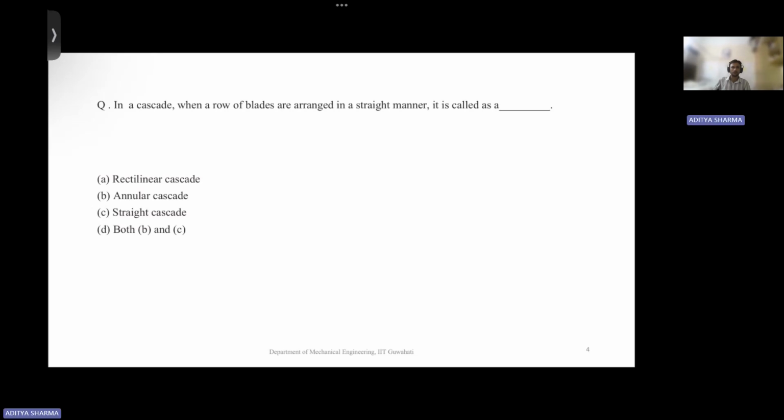The first question says that in a cascade, when a row of blades is arranged in a straight manner, it is called a rectilinear cascade, an annular cascade, a straight cascade, or both the options are correct. These questions are from one of the previous assignments.